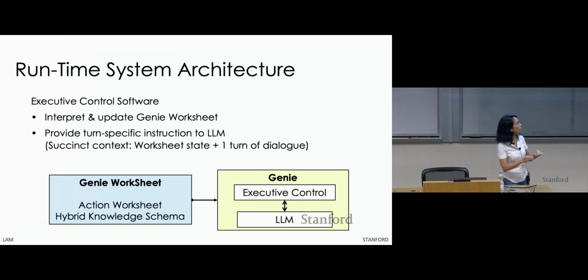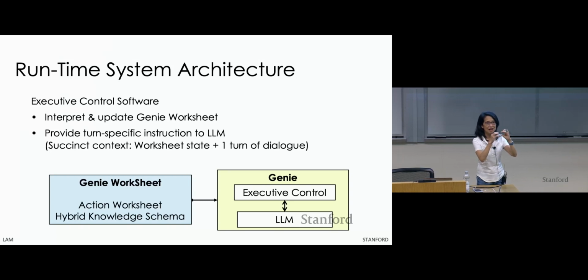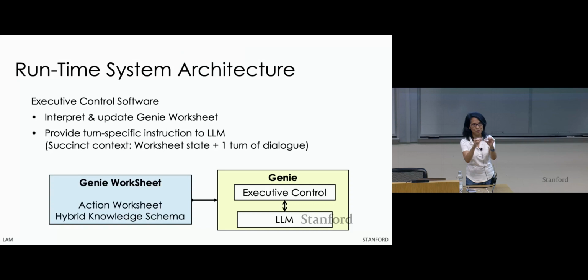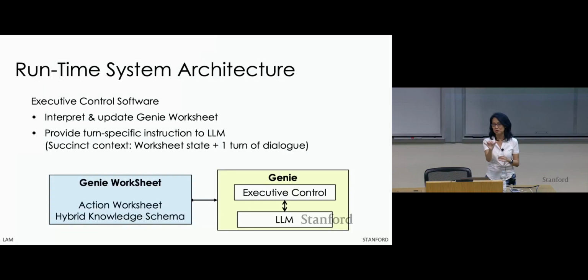At any one point, it is providing the prompt that the LLM needs to resolve that one particular piece of input or output for that particular turn. So it is the outside executive control that understands what is going on in the entire dialogue. Okay, so LLM is used just for the I/O subroutine.